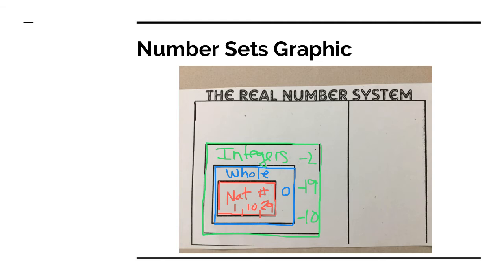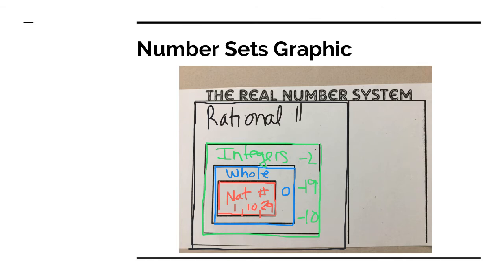And then the next biggest set is this one. And those are the rational numbers. Rational numbers are all the counting numbers and 0 and all the negatives and everything in between. So things like 25/100ths or 1/8 or 4 1/2. All of those would be rational numbers.